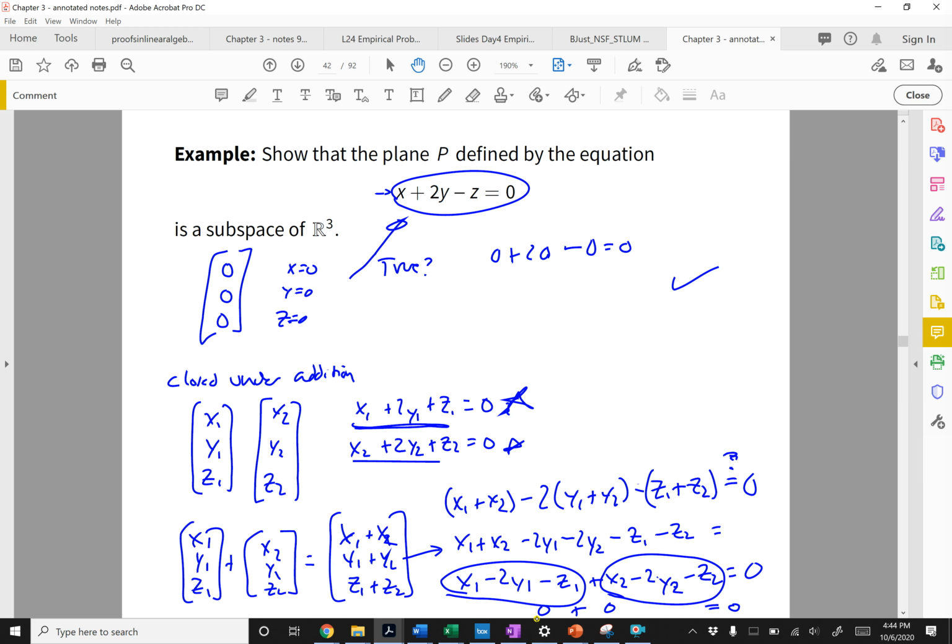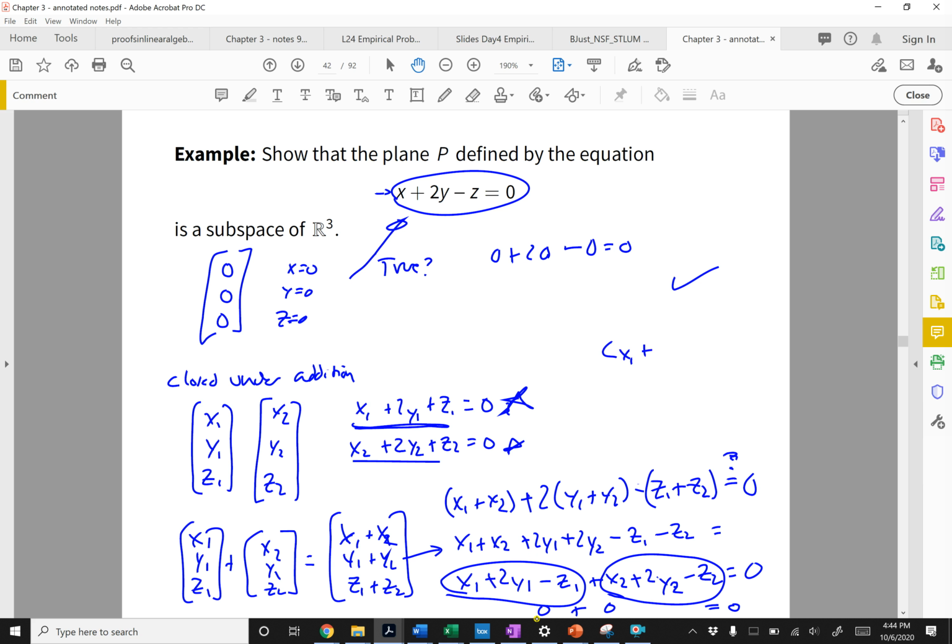What about closed under scalar multiplication? Well, you can do a similar thing, but you substitute in cx1, some constant times x1 for your x coordinate. Did I make a mistake? I did. That should be positive. Positive, positive, positive.